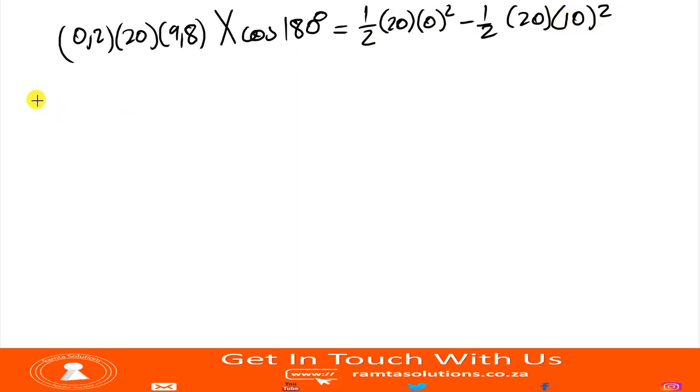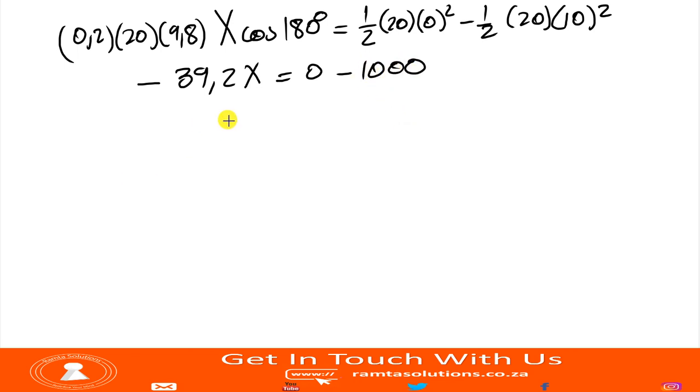So this is 0.2 times 20 times 9.8, and cos 180 is negative 1. So this is negative 39.2x equals 0 minus 10 squared times the mass, so minus 1,000.